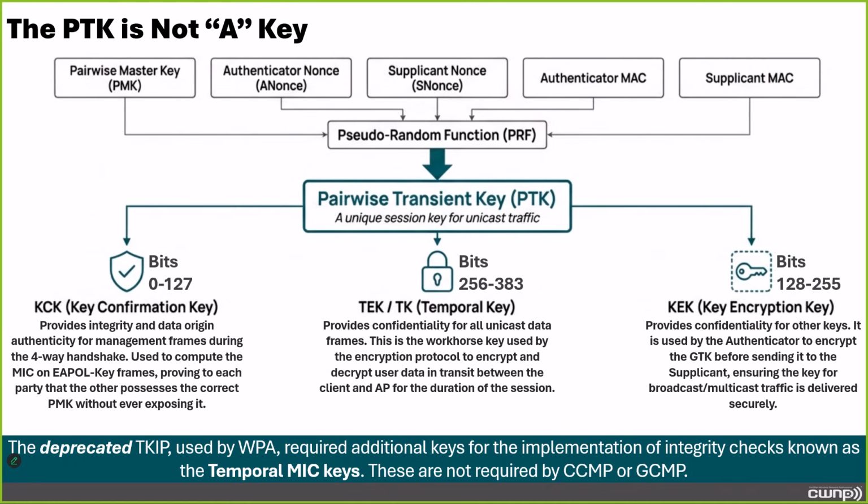Again, if you're using WPA, TKIP, then you're going to have the MIC keys that are extra keys. And when I say extra keys, so notice the highest bit value that you have here is the TK going up to bit 383, which that's the 384th bit, because remember we start at 0. So bit 383 is the 384th bit.